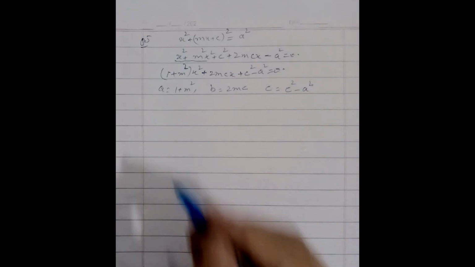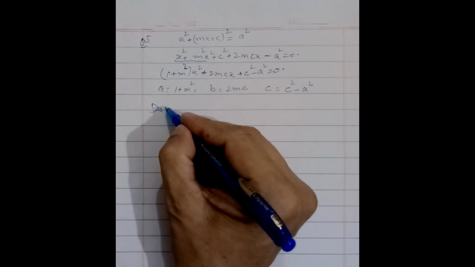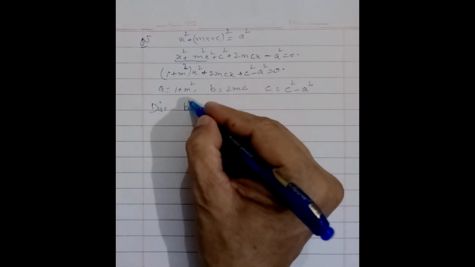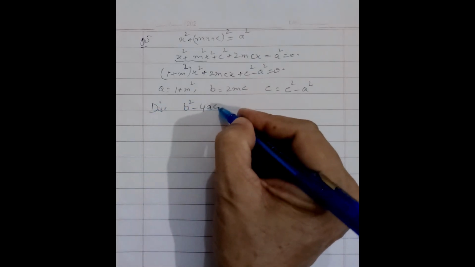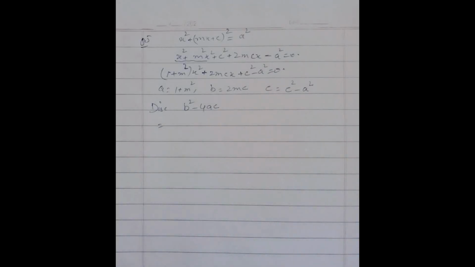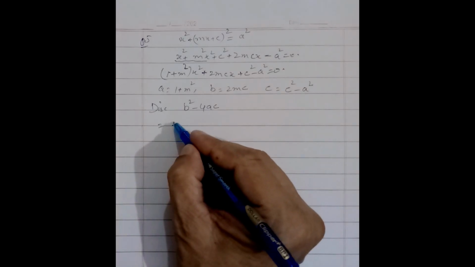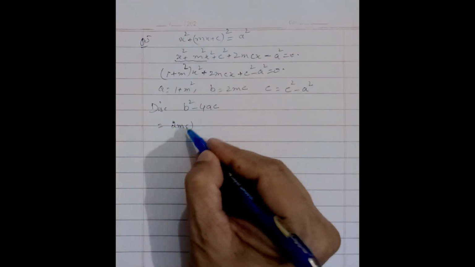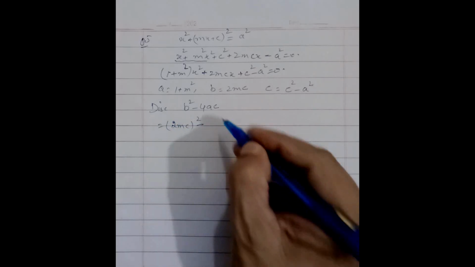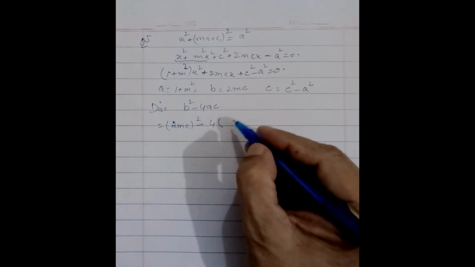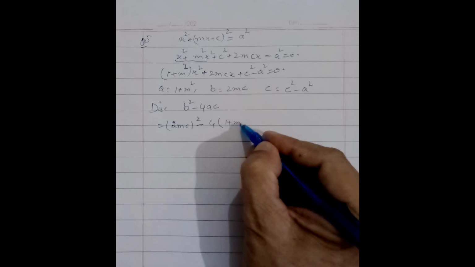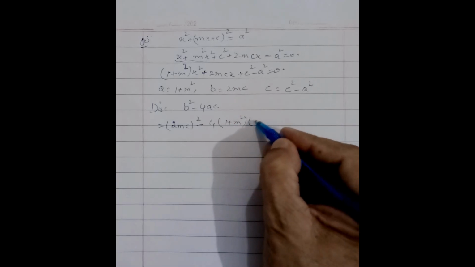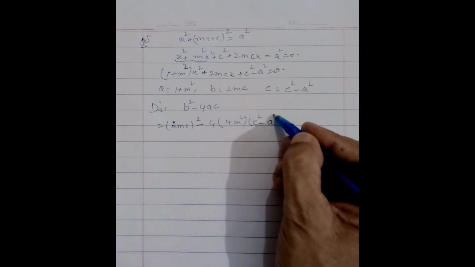And we find the discriminant, which is b square minus 4ac. And we put the values of a, b and c. We get 2mc whole square minus 4 into 1 plus m square into c square minus a square.